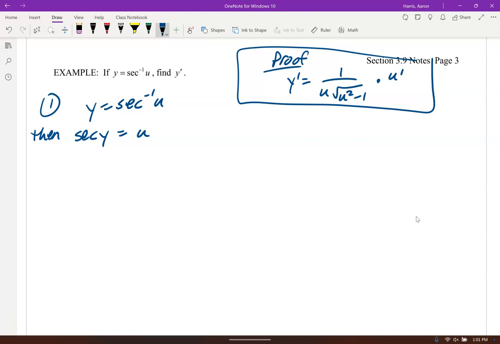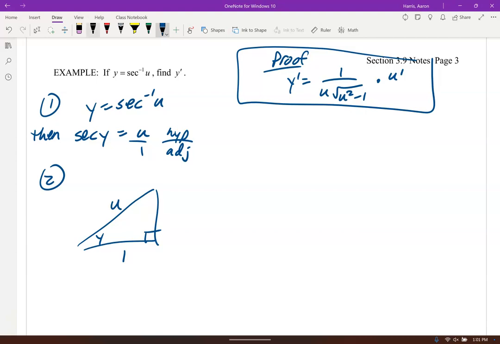Cosine is adjacent over hypotenuse, so this would be hypotenuse over adjacent. So when you're setting this up, here's our y. Our hypotenuse would be u, and our adjacent side would be 1. Then we go ahead and solve for that remaining side.